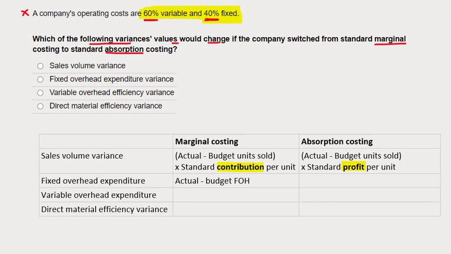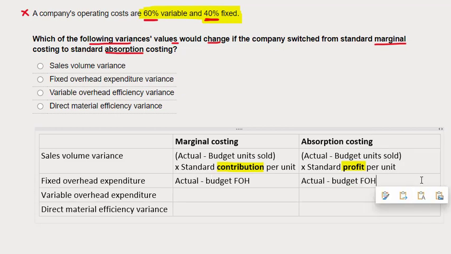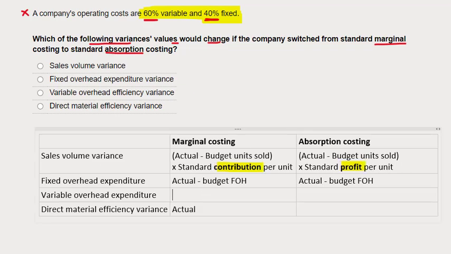The fixed overhead expenditure variance, that's my actual minus my budgeted fixed overheads. And that's going to be the same under both marginal and absorption costing. It's exactly the same calculation. My variable overhead expenditure variance next. And this is where I'm spending more or less money on variable overheads because of a change in the rate or the cost of variable overheads per hour.